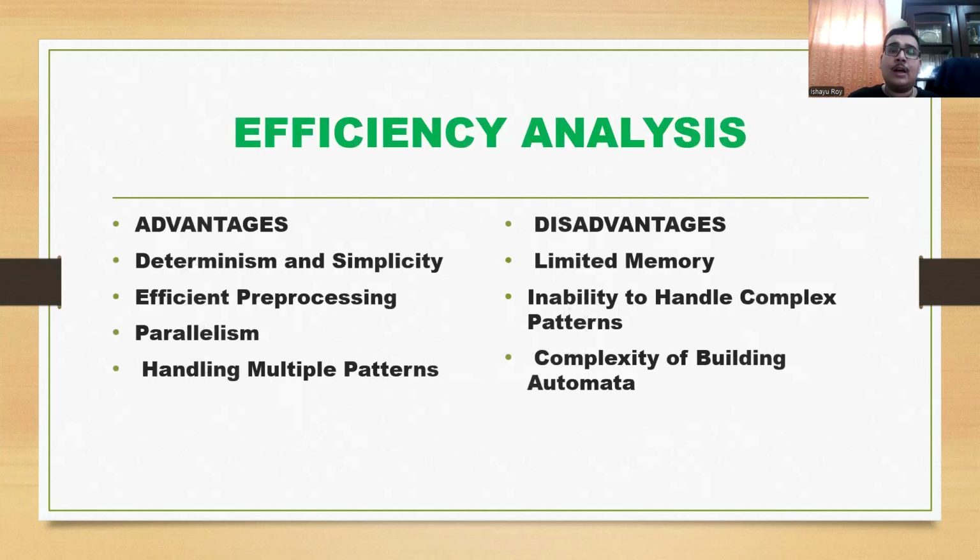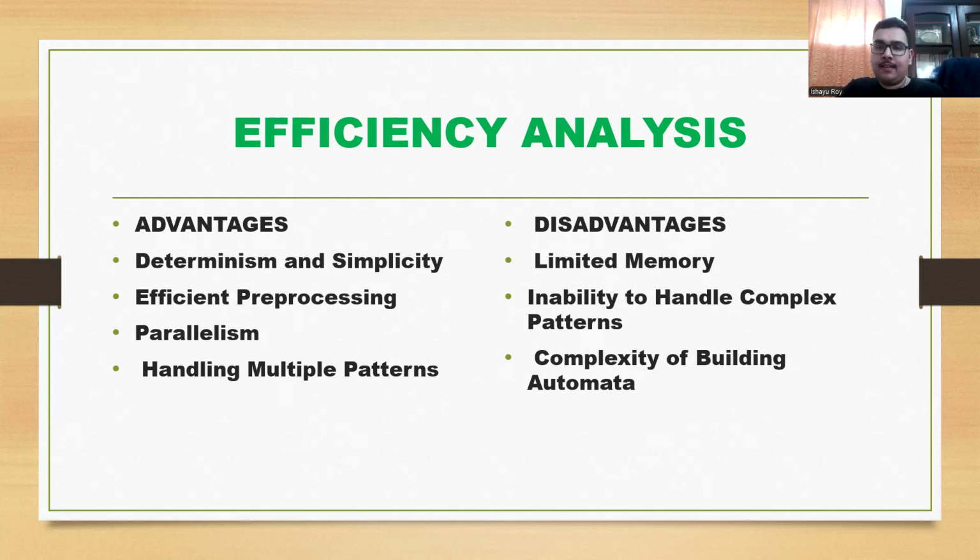Okay. Now coming to the efficiency analysis. So this type of algorithm by itself has some advantages, definitely. These advantages are like the determinism and simplicity. It's very easy to understand a finite automata than to understand maybe some piece of Python or C code which is doing the same purpose.